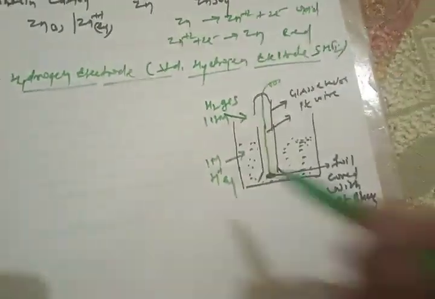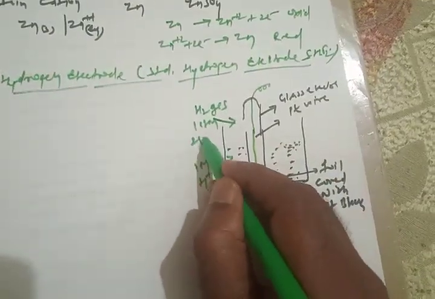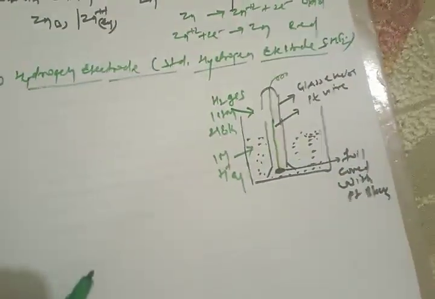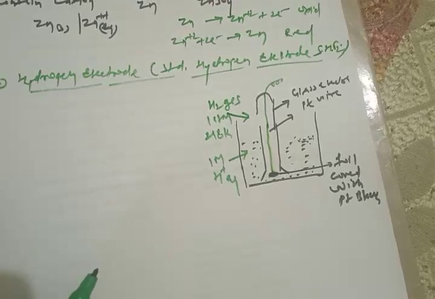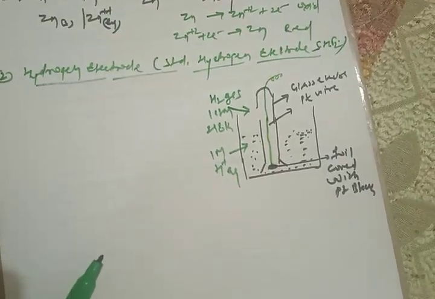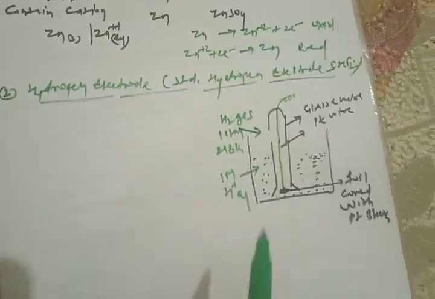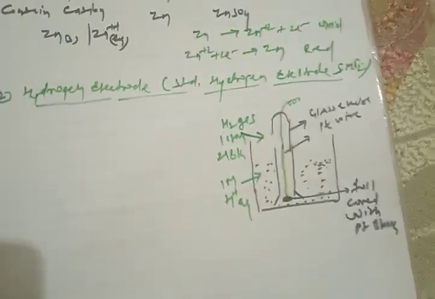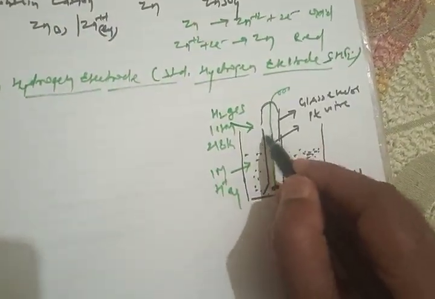Hydrogen gas at 1 atmospheric pressure and 298 Kelvin temperature. That means these are pure and standard conditions. So this is the setup of the hydrogen electrode.